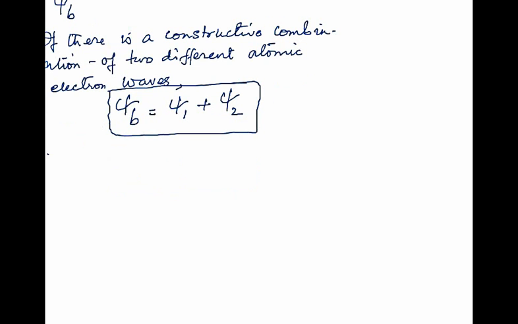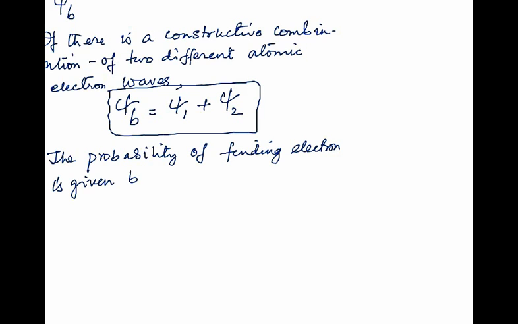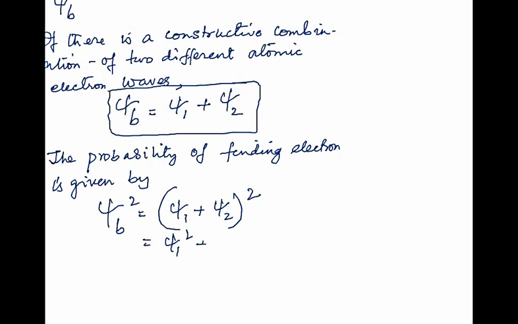Now the probability of finding an electron is given by psi b square, which is equal to psi1 plus psi2 whole square, which is equal to psi1 square plus psi2 square plus 2 psi1 psi2.